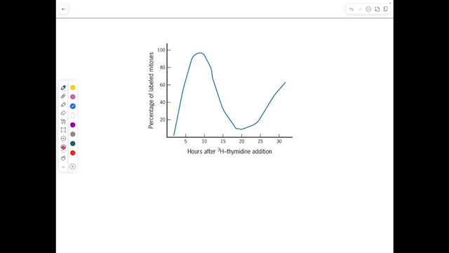How they observed the phases in interphase is interesting, and it needs some experimental analysis. Here they took HeLa cell lines.